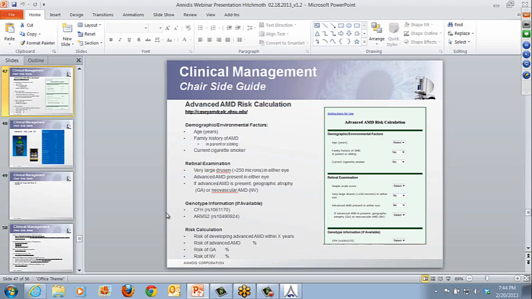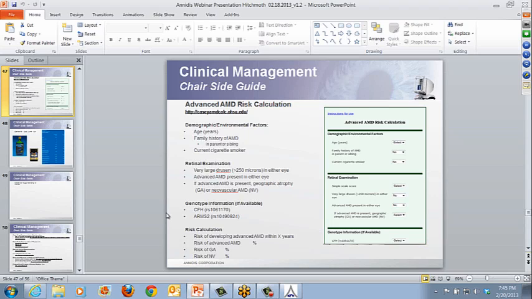Now, if you want to do a little bit more detailed risk profiling of your patients chair side, I like this risk calculator. This is the one that's being used right now in the field. It's the most popular one, and it has the most considerations based on the patient's risk factors and their retinal exam. Genotype is something that you can use in the risk calculator, but it's not necessary.